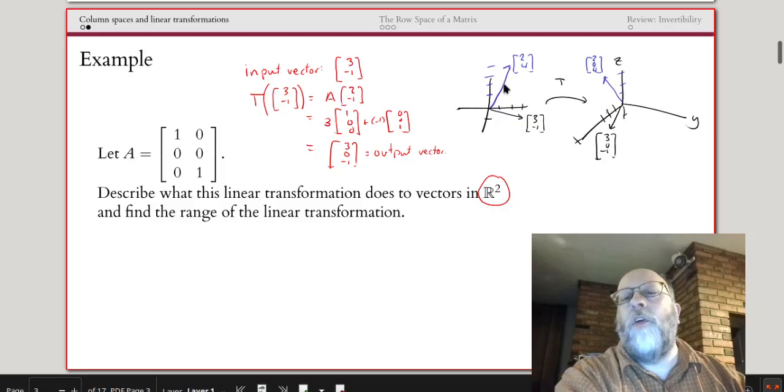And in general, the two-dimensional plane here gets transformed into the two-dimensional xz plane inside three-dimensional space. And so the range is the xz plane.